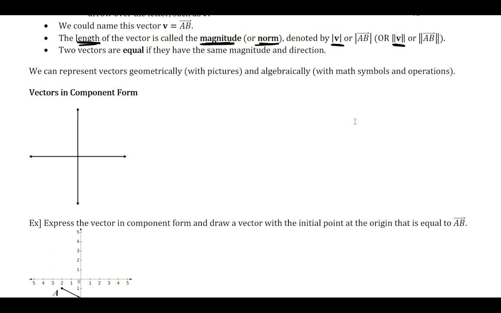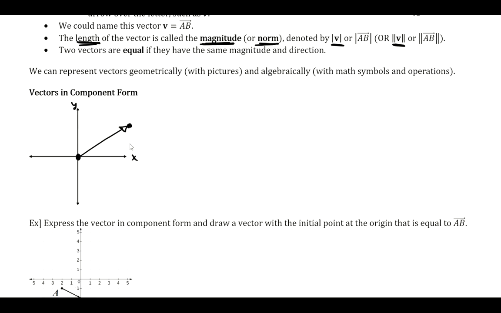We can represent vectors geometrically or algebraically. Usually we go algebraically because that's the easier way to start dealing with them. There are two different ways to write them. A vector in component form, back to our xy axis: usually it's easiest to put our initial point on the origin, and then whatever direction it's headed to is where we put the terminal point.